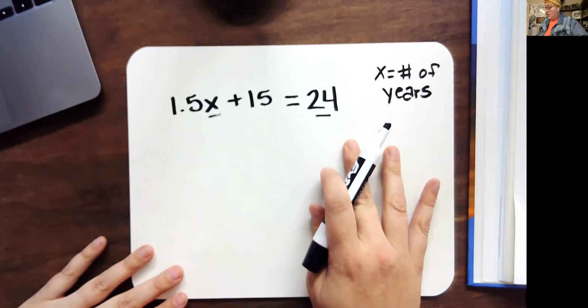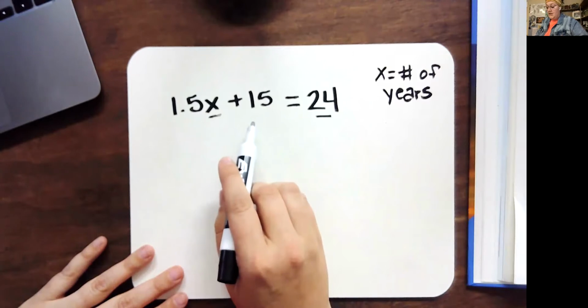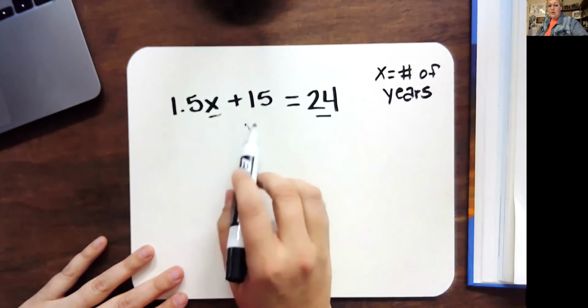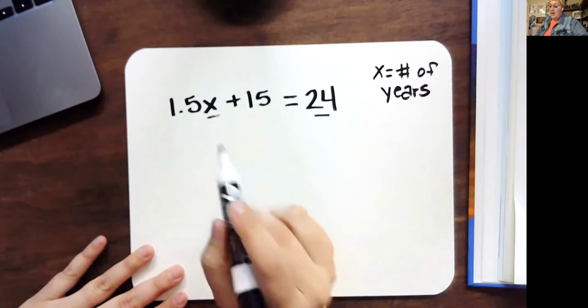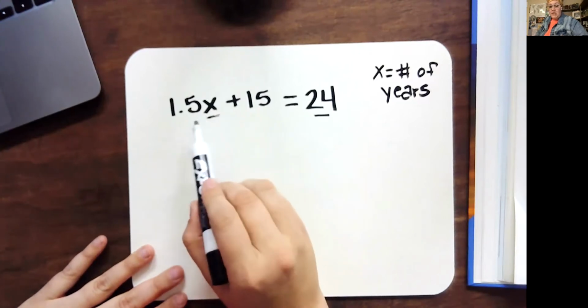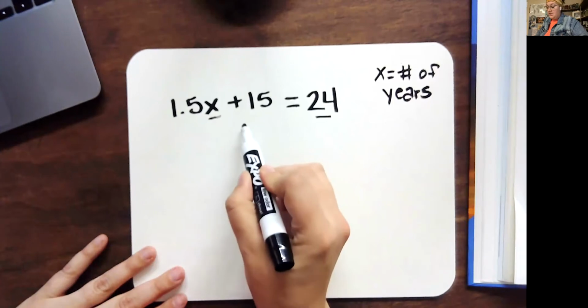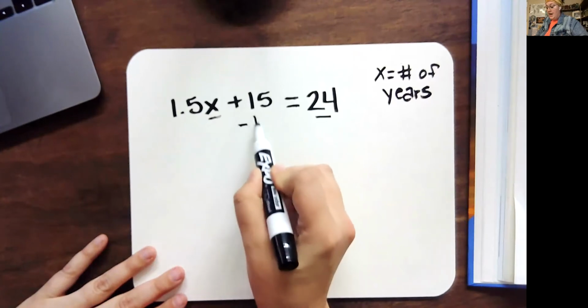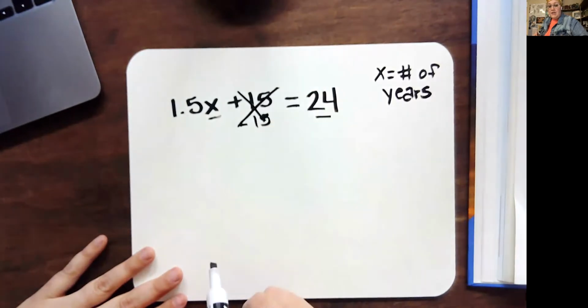The first thing that we're going to do is undo the addition, meaning we're going to do the inverse operation of the addition, because that's the easiest thing for us to get rid of. The multiplication is going to be trickier, so let's go ahead and get this addition out of the way. The inverse operation of addition is subtraction, and that'll help us get rid of that 15 on this side of the equal sign.